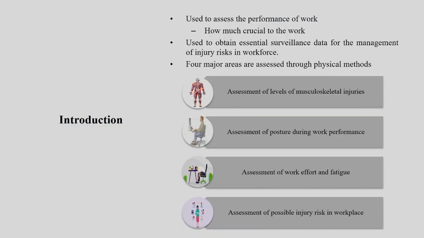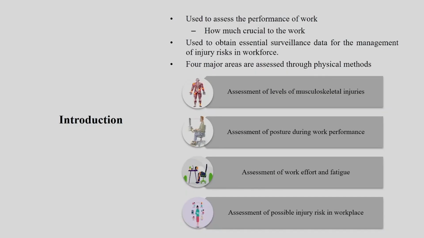So when you are performing some work in an occupational setup, what kind of posture are we adopting, how do we assess it, and what kind of impact may be caused by such posture? Okay, so this is second.